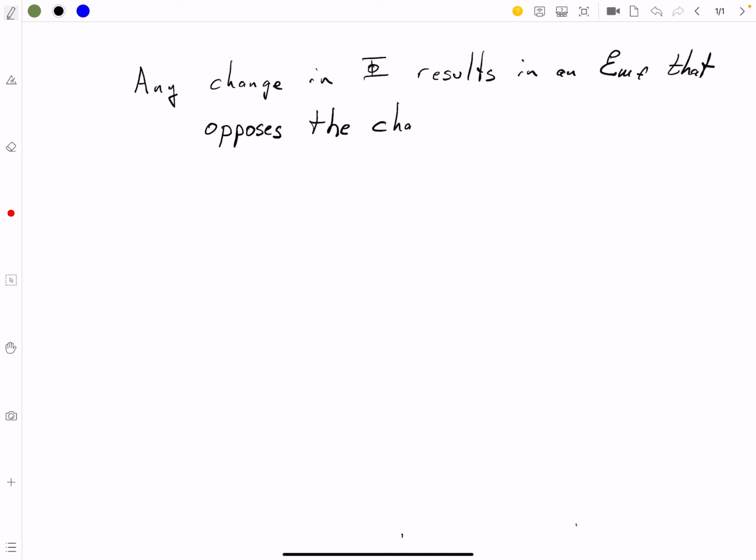It opposes the change. Of course, we're using Lenz's law to do that. Well, how else can you get a change in EMF?